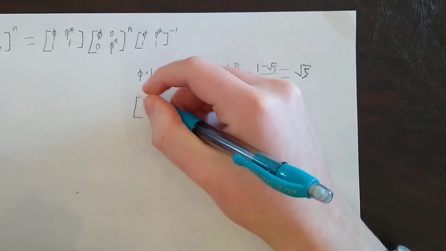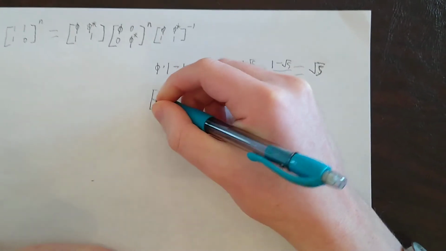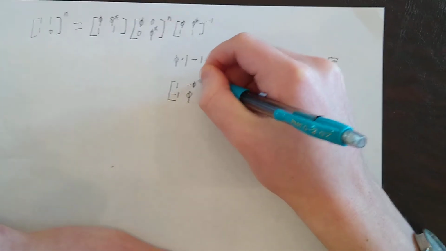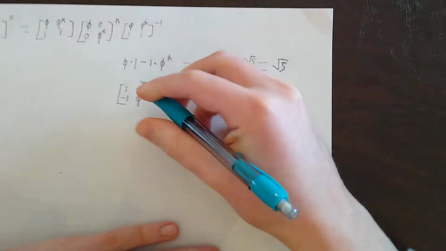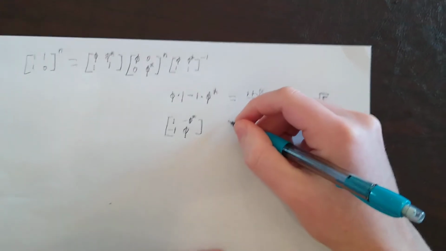And then we find this matrix here, which would be 1, v, -1, negative v prime. And we divide all of this by the square root of 5.